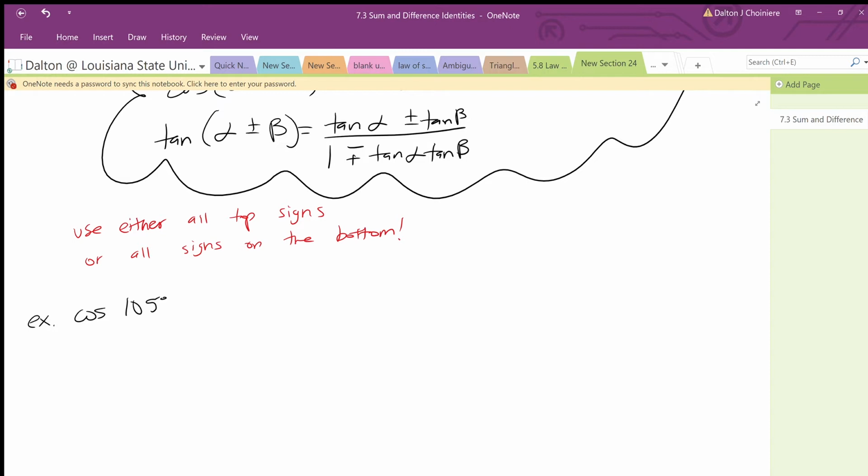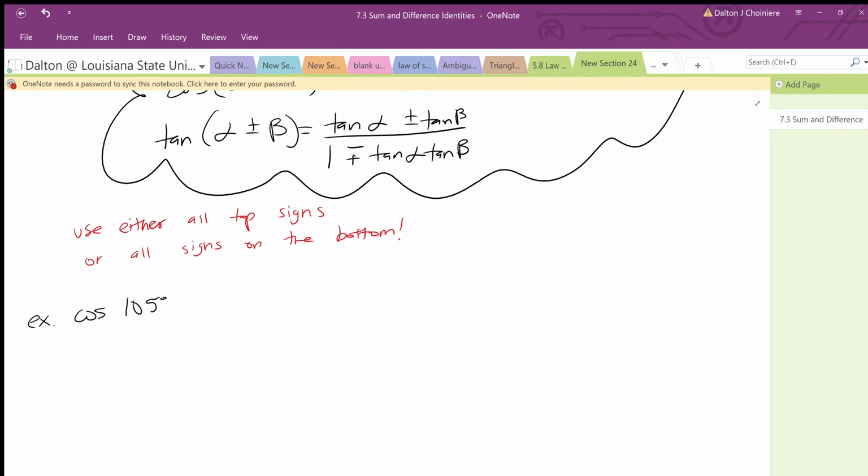If they're not increments of those, they're a little bit more challenging to figure out. So what these identities allow us to do is, instead of trying to figure out 105, I can write it as a sum or a difference of 2 angles that I do know the numbers to.